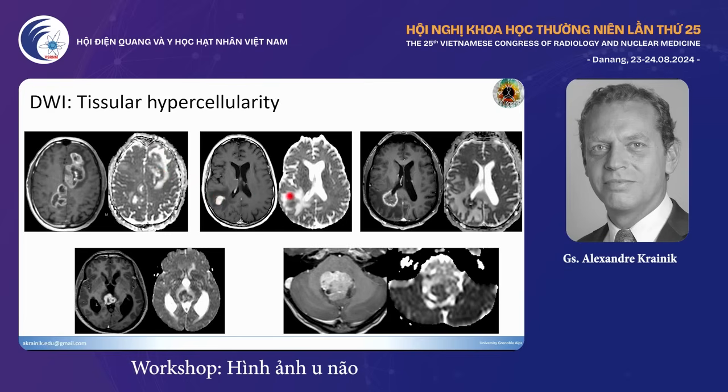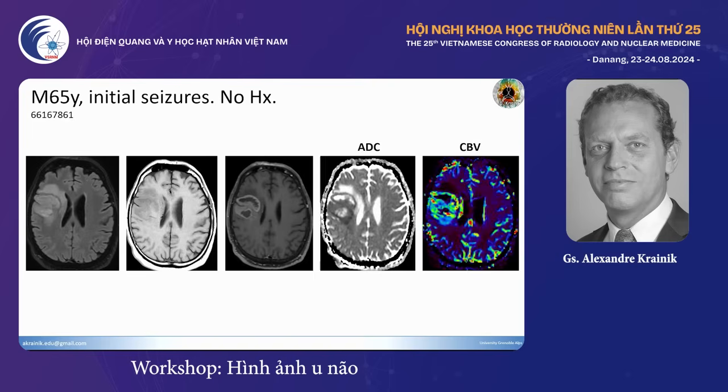Here you have your lymphoma with the tissular part with a decreased ADC. Here's the metastasis with the periphery with a decreased ADC, again for this germinoma with a low ADC, and here a low ADC lesion in the cerebellum, typical of a medulloblastoma, okay?